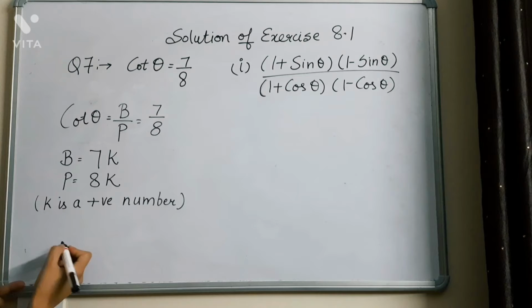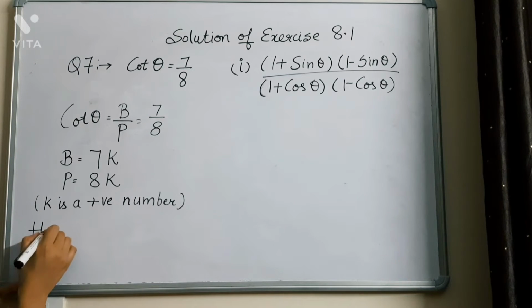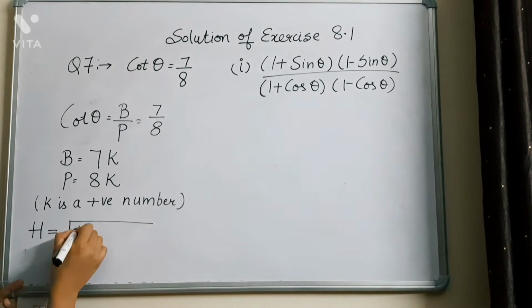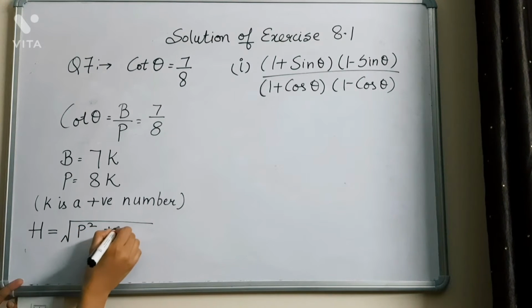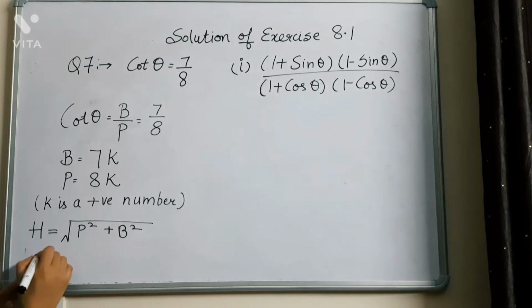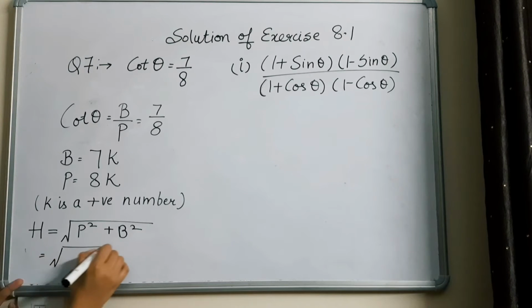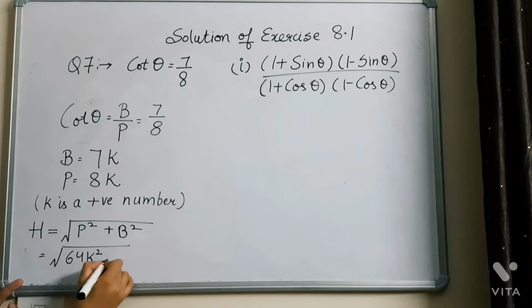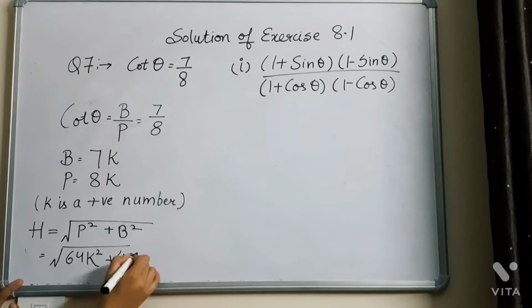So we are not given the hypotenuse, that is h. By using the Pythagoras theorem we will calculate h as under root of p square plus b square. What is p square? By putting the value from here, p square will be 64k square and b square will be 49k square.